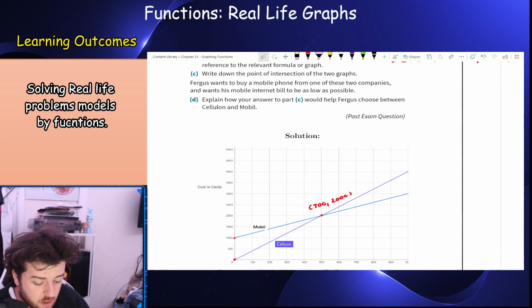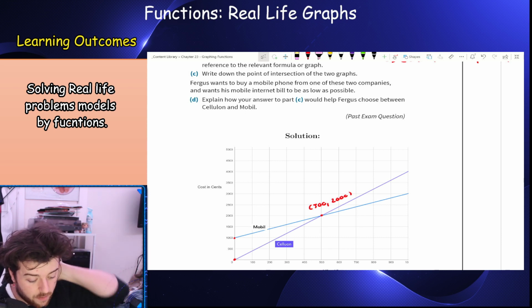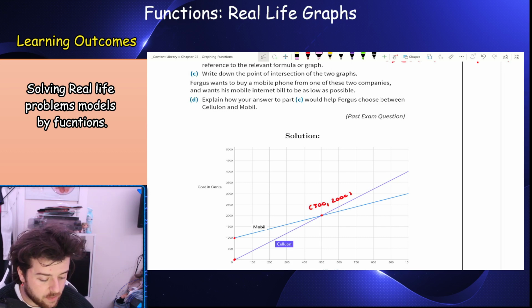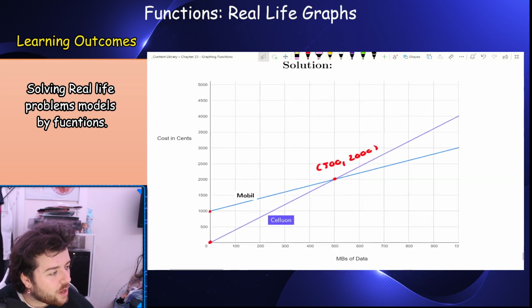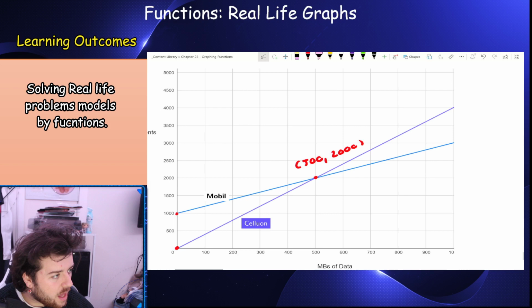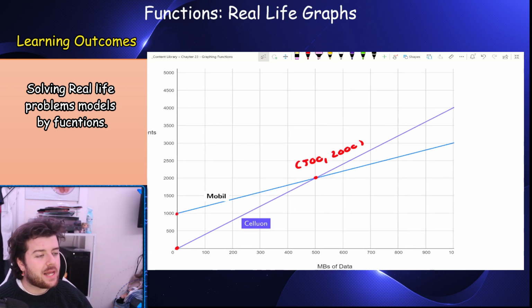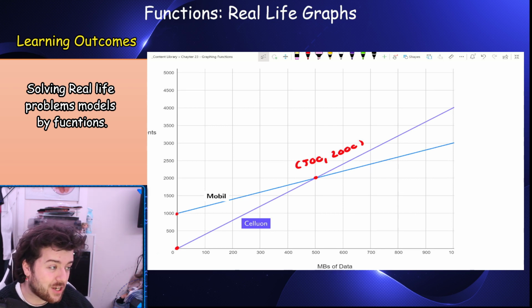Fergus wants to buy a mobile phone from one of these two companies and wants his mobile internet bill to be as low as possible. Explain how your answer to part C would help Fergus choose between Cellulon and Mobile. So Fergus wants to know which company to go for. Now, one company is better than the other under certain conditions.